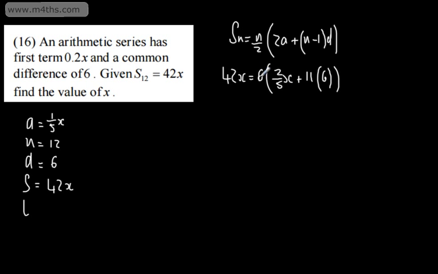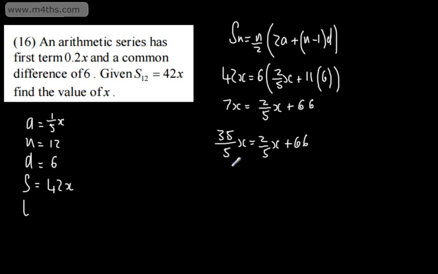If I divide both sides by 6, we can say that 7x is equal to 2/5 x plus 66. If we convert 7 into fifths, that's 35 over 5 x is equal to 2 over 5 x plus 66.